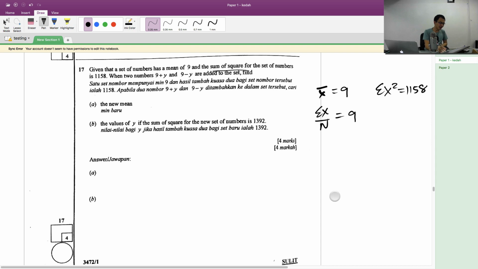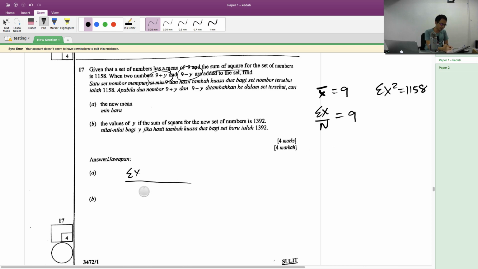Right, now the question asks you to find the new mean when these two numbers are added in, 9 plus y and 9 minus y. To find the mean, we do sum of x over n.